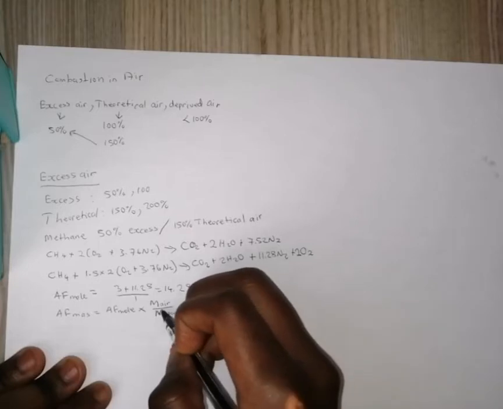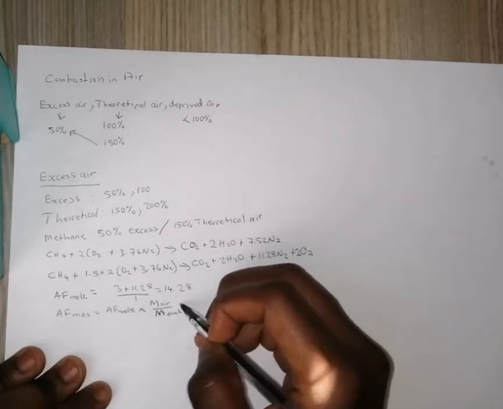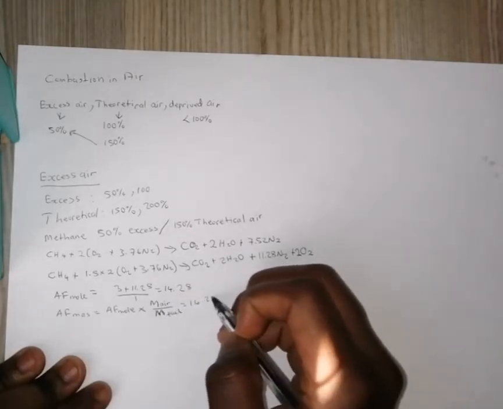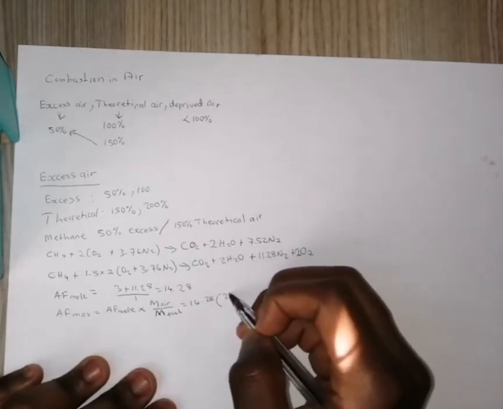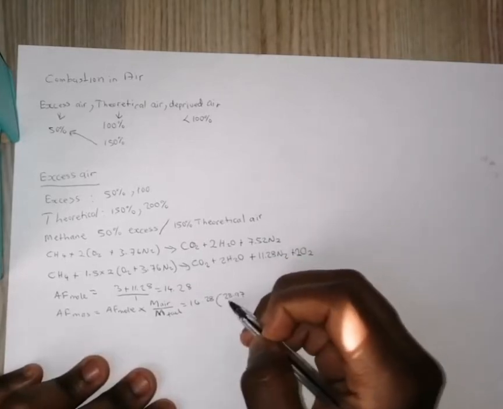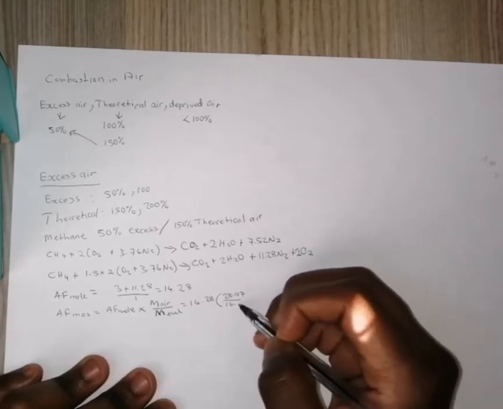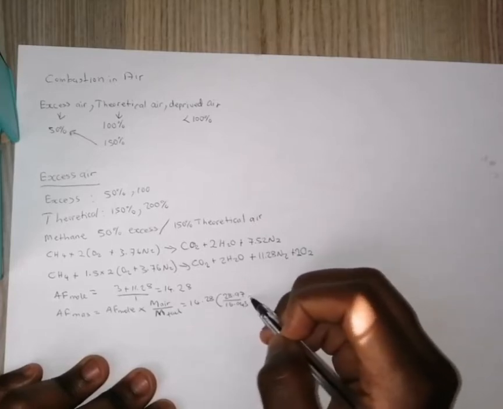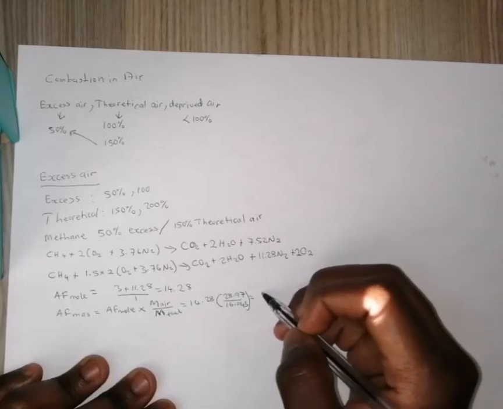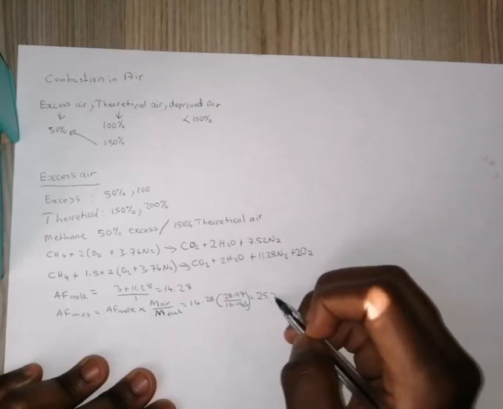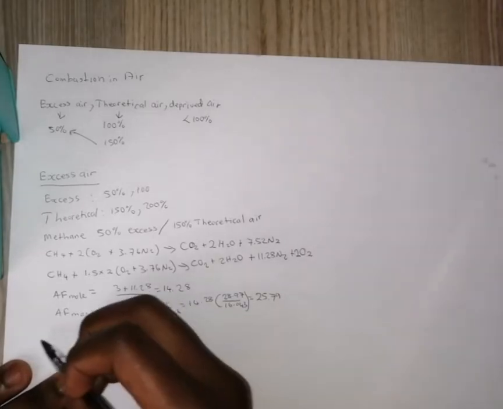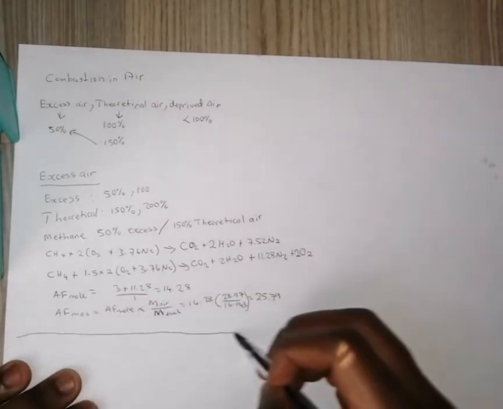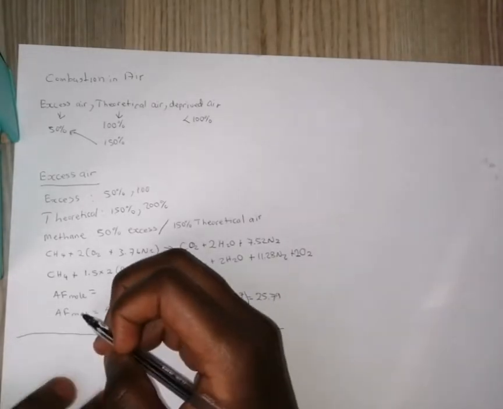This is molecular mass and not mass, okay? So that would be 14.28 times 28.97 over 16.043, which is equal to 25.79.